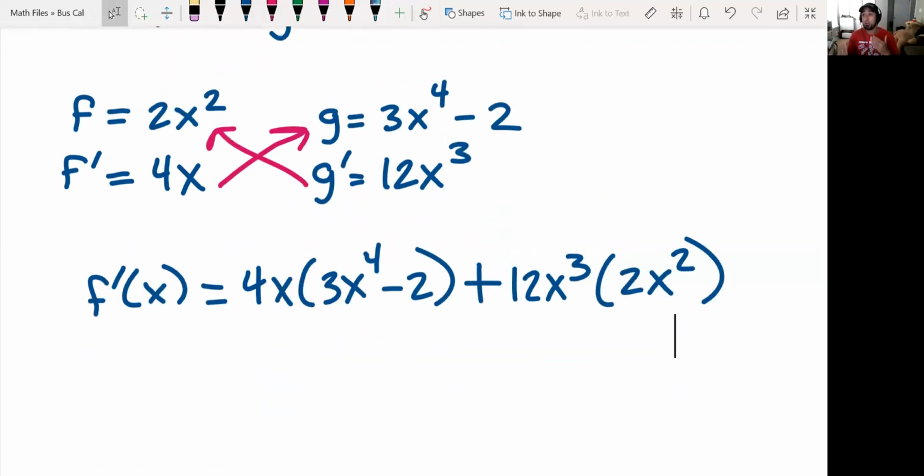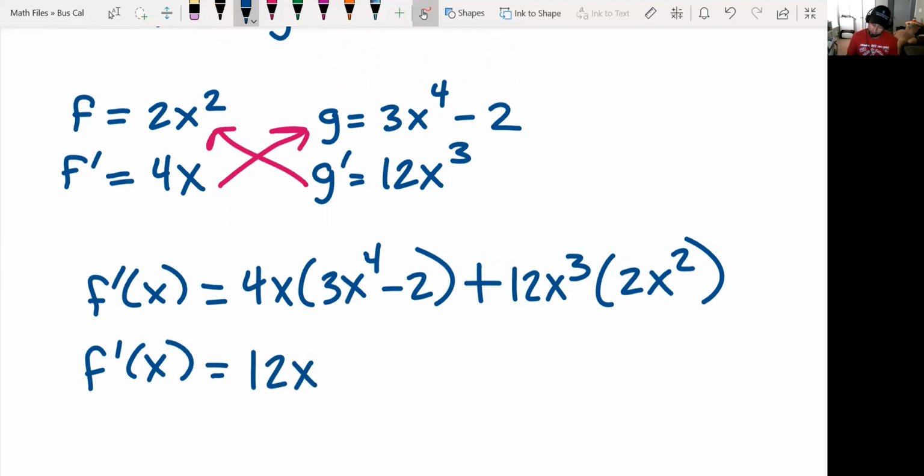Now, from here, the calculus is done. The rest is purely algebraic. Distribute, simplify, combine. So, f prime x, distribute that 4x, 12x to the fifth minus 8x plus 24x to the fifth.